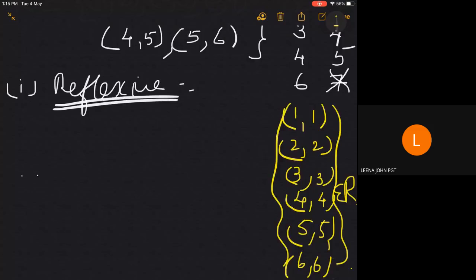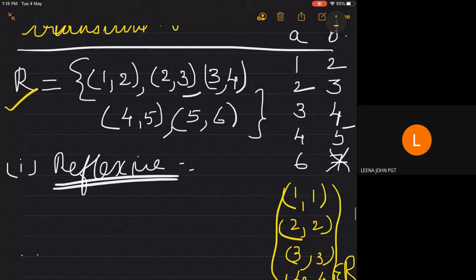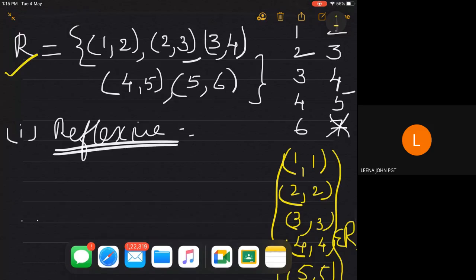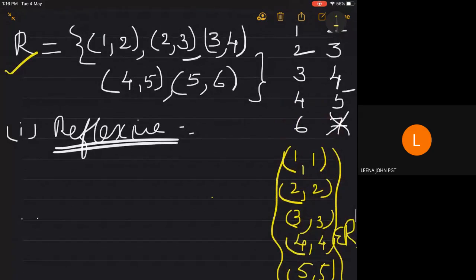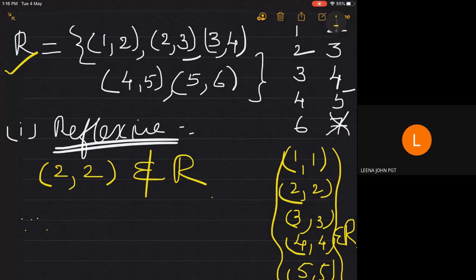And you can see that this is our R, but none of these elements which are supposed to make R reflexive is present in R. So you take any example and write: 2 comma 2 is not in R, therefore R is not reflexive.